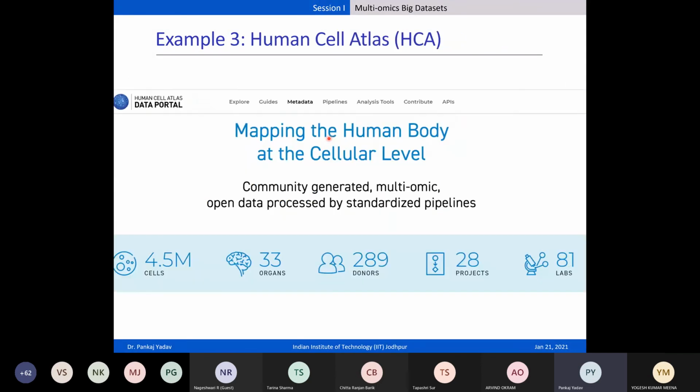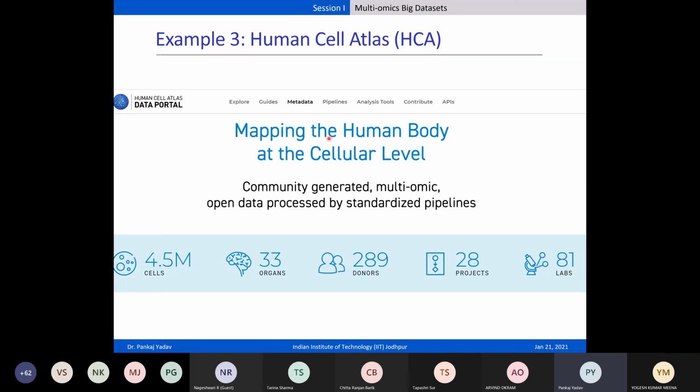All right, the next example that I want to show you in this field, big data in biology, is the Human Cell Atlas, which is actually one of the recent trends, or a new theme that has emerged. So far, we have been treating the whole human body or whole organism and trying to understand the whole body as a system.